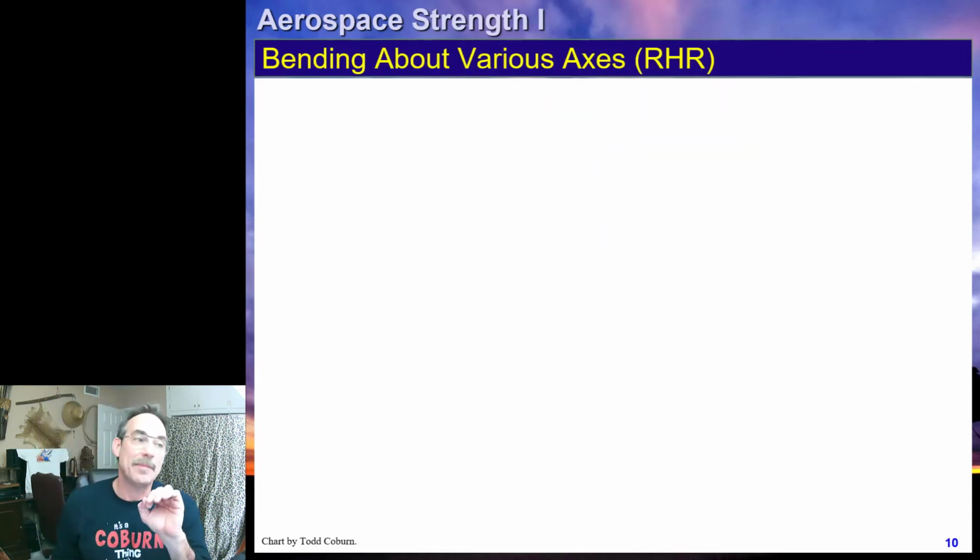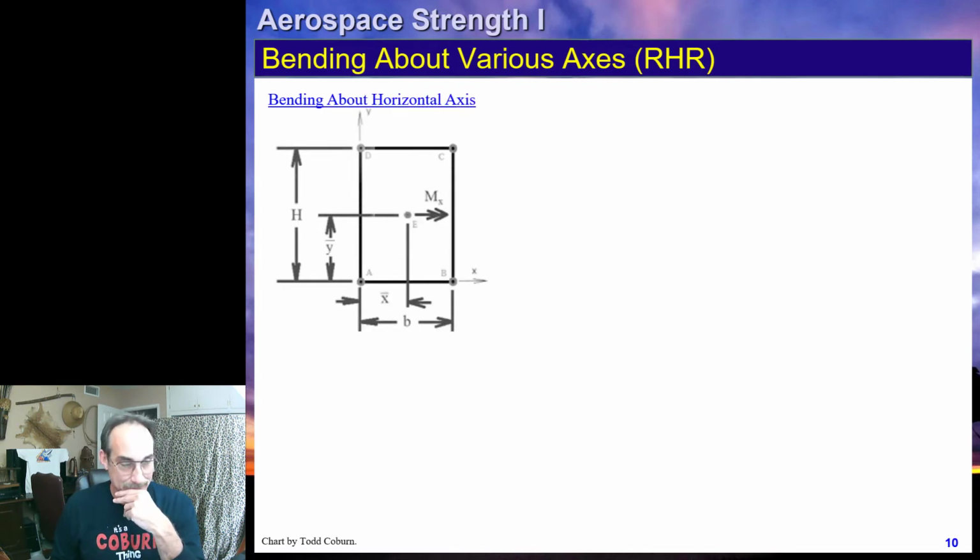Let's look at bending about different axes. So we've been talking about bending about a horizontal axis like this. If we're using right-hand rule sign convention, this is our equation, which means we can just plug in yi, the distance. You'll notice our coordinate system is defined from this point. There's positive x, this is positive y.